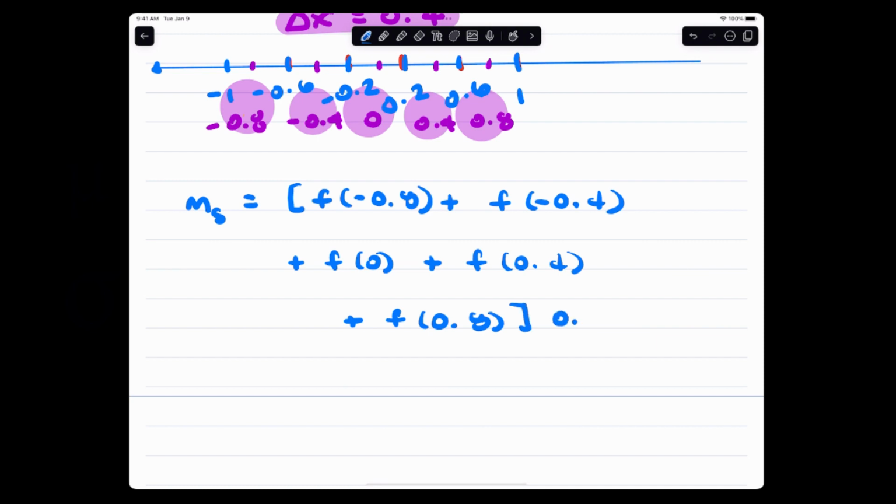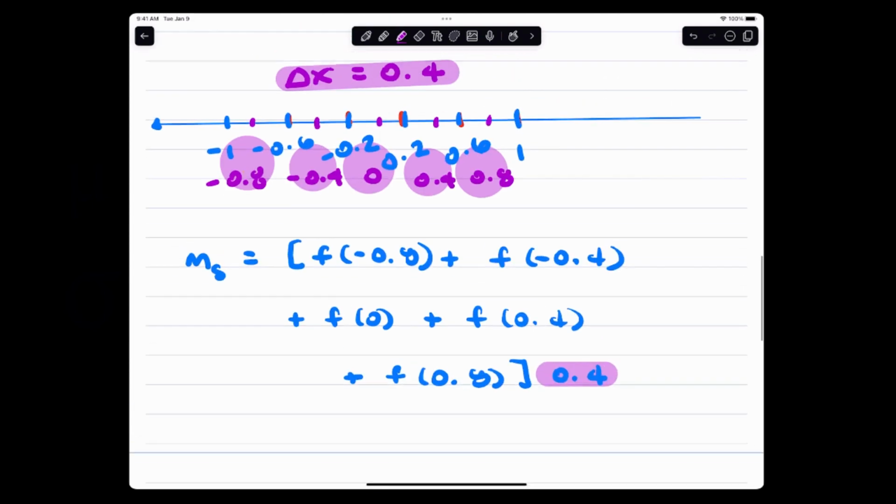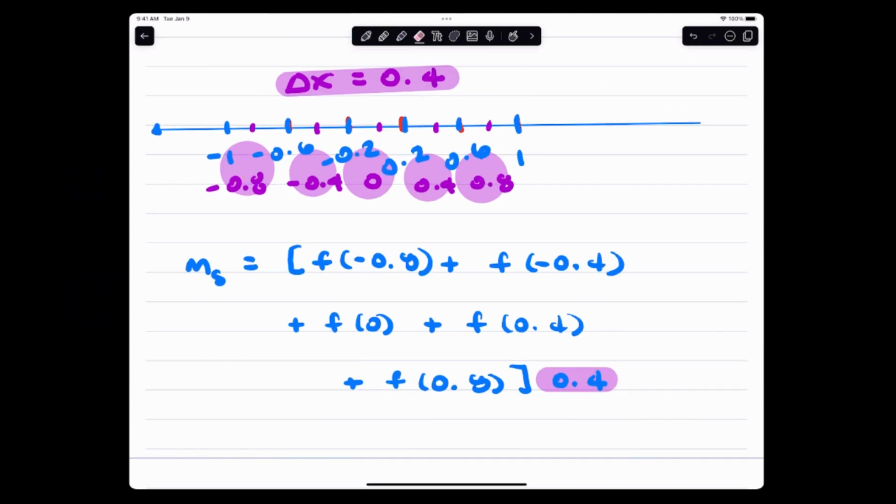Close that and multiply by that delta x 0.4. And I know color-wise, we did this in red. So we're finding midpoint values. That's your midpoint formula.